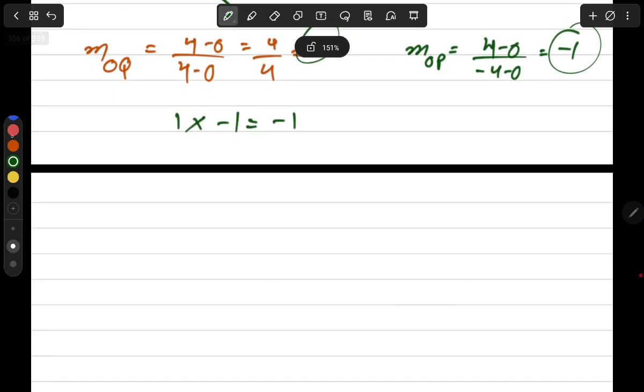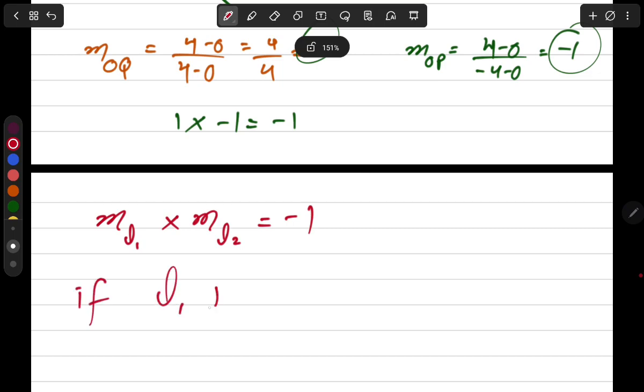So we are still not getting into the derivation because that's not part of your syllabus. The product of the gradients of two perpendicular lines, so if this is the gradient for line 1 and this is the gradient for line 2, then their product is always negative 1 if L1 is perpendicular to L2. Make sure that you always remember, right?